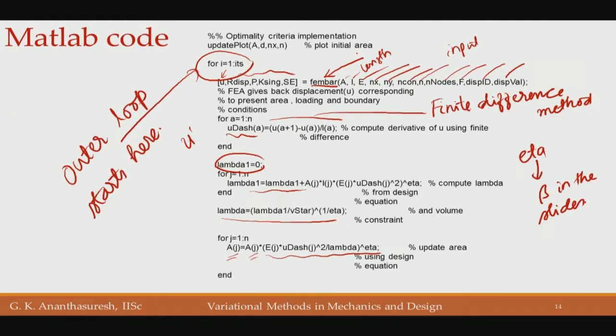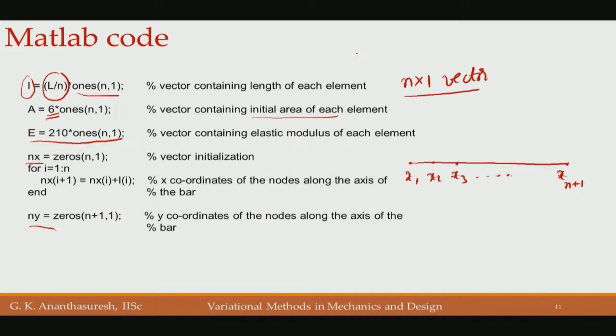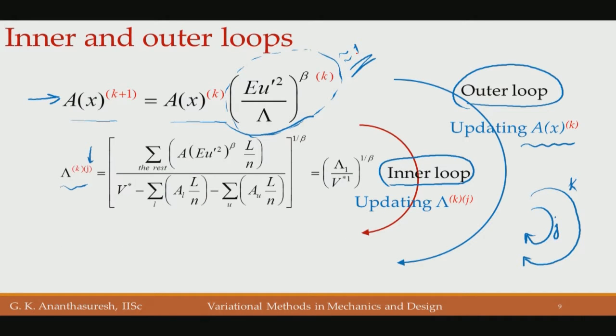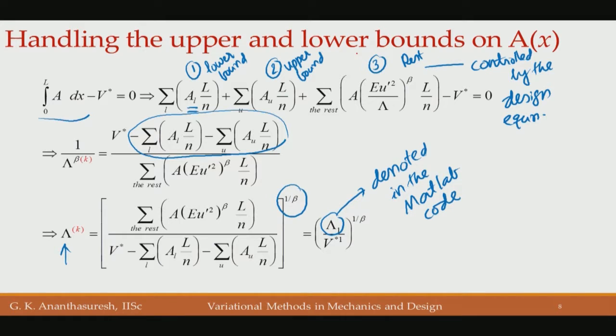Let us do that quickly to see what we are talking about. So, how many have exceeded lower bound and upper bound, that is what we are subtracting from V star. If you see the code, we are subtracting this and this, okay.